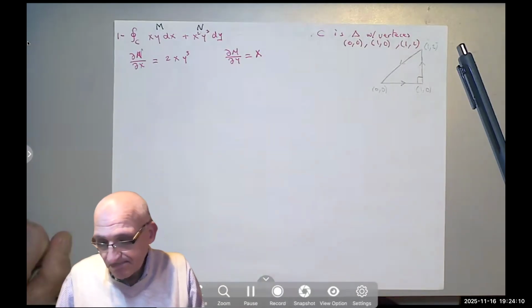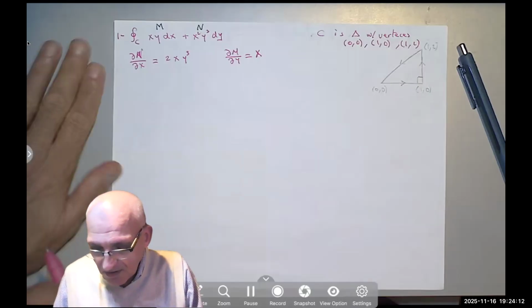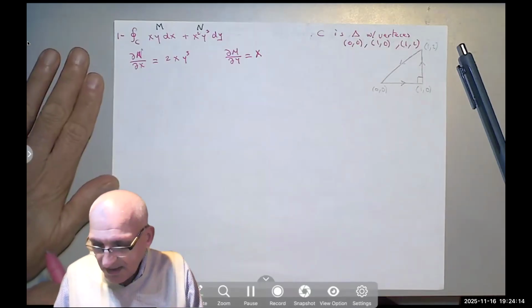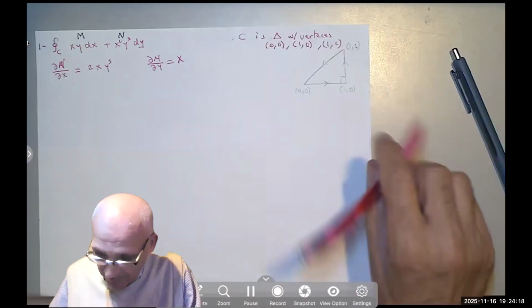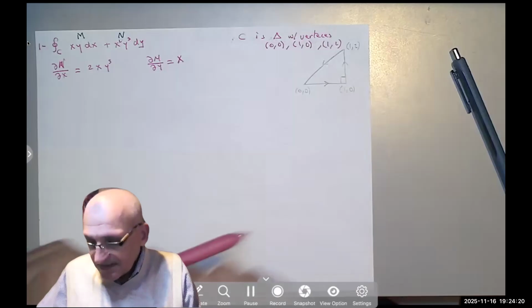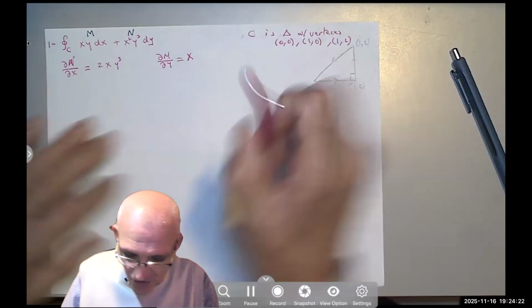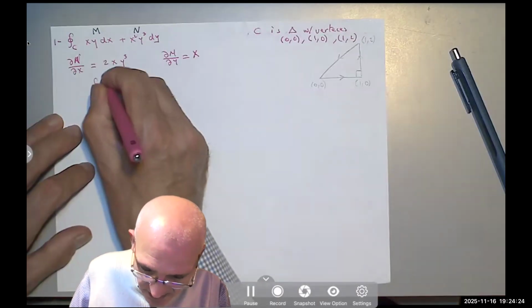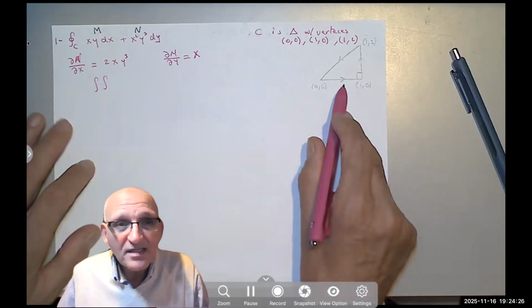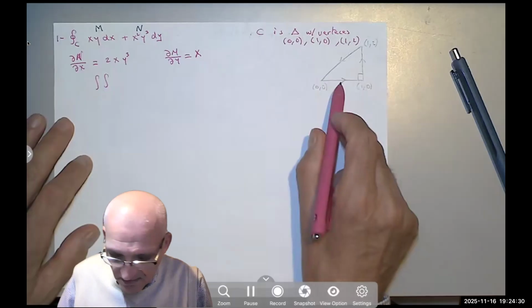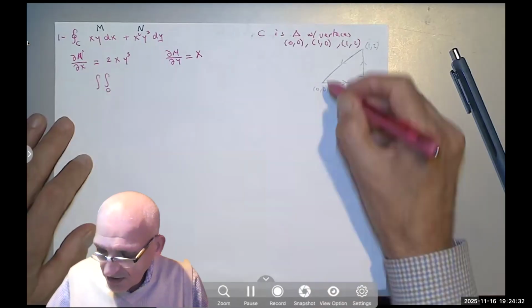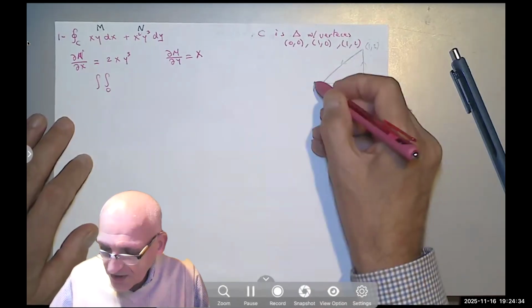Okay? So now we are going to say, first I need to find the limits of integration. You can see that the y starts from 0. So when I write the double integral, I will start with y in the inner integral, goes from 0 to this line. But what is the equation of this line?